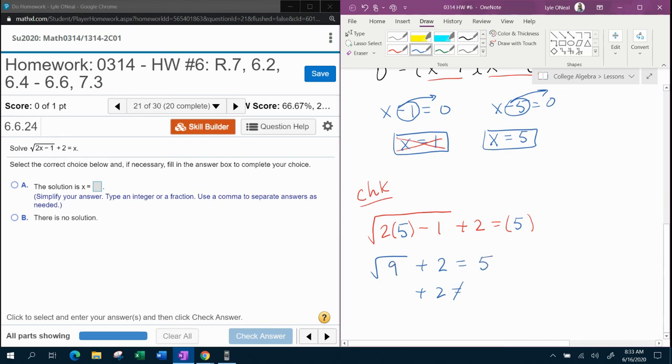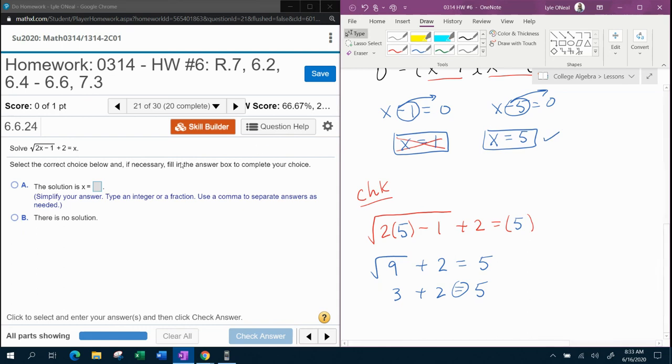And this side is 5. Okay. The square root of 9 is 3. And 3 plus 2 is 5. That is true. And so this time we do get equality. 3 plus 2 is 5. So the 5 checks out.